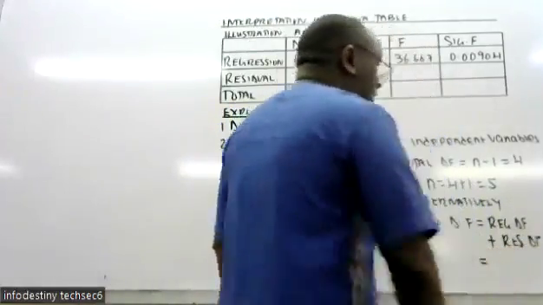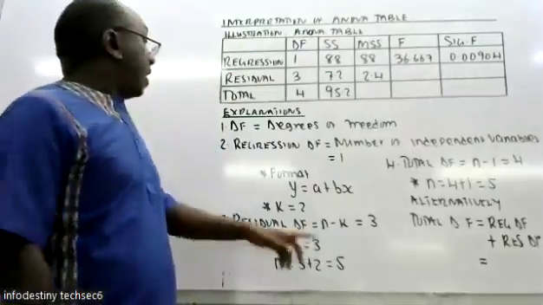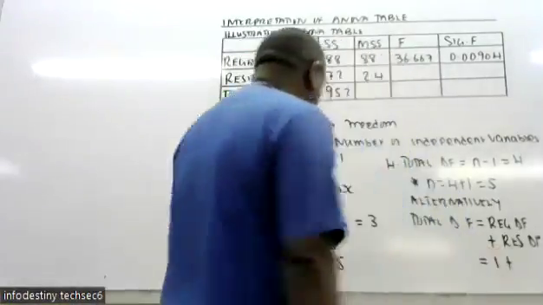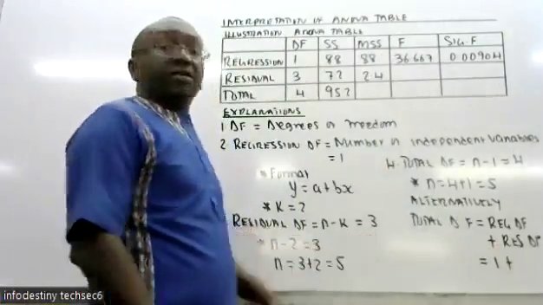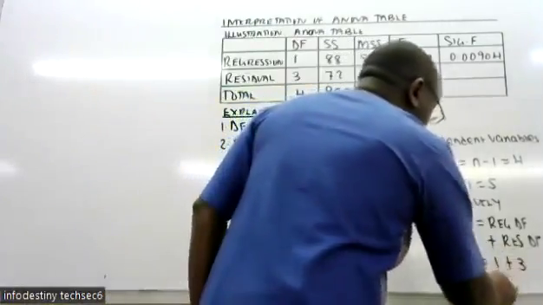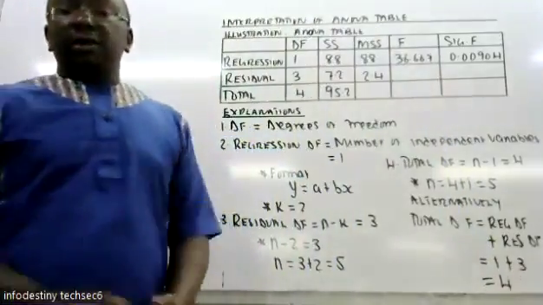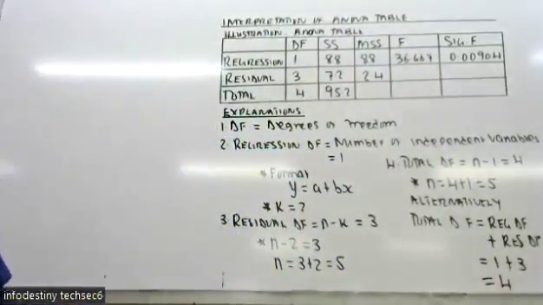We know that the regression DF above was 1 and the residual, tunajua, it was 3. So when you add, they take us back to 4.